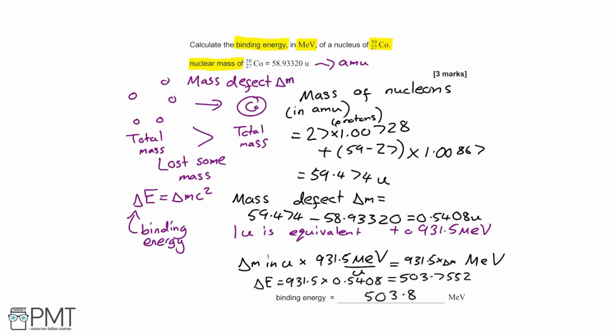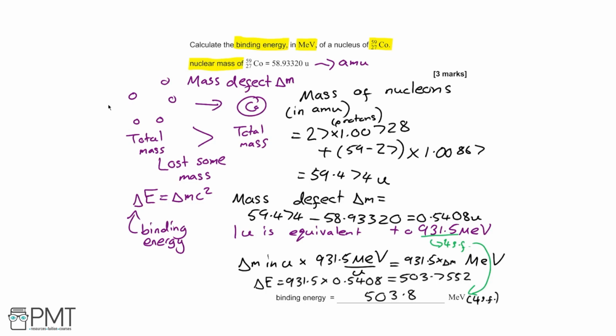However, this conversion, 931.5 MeV, is to 4 significant figures. So this is the degree of precision to which we're limited, because we can't say anything more about the conversion we've made than that it is accurate to 4 significant figures. Therefore, we give our answer to 4 significant figures.